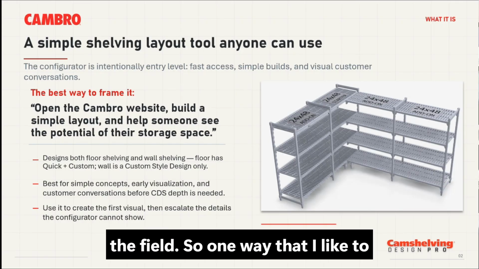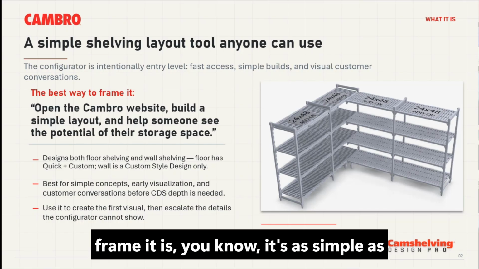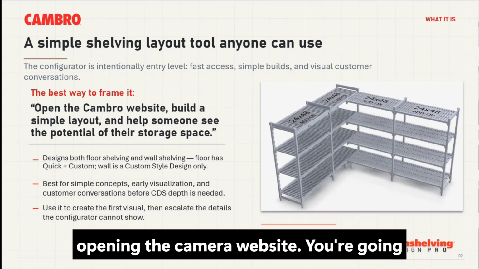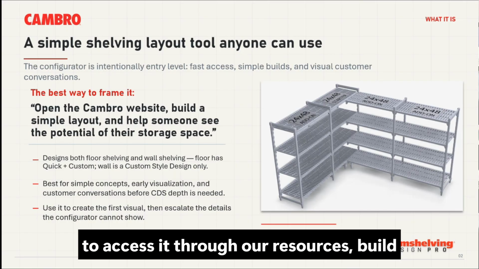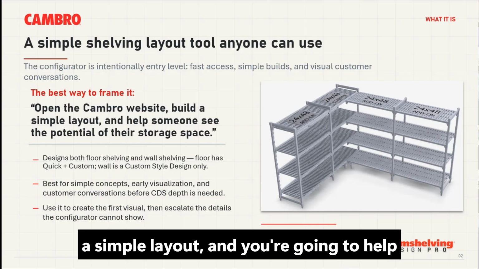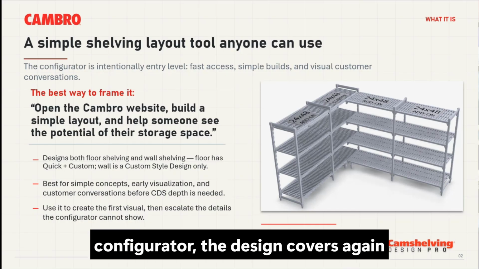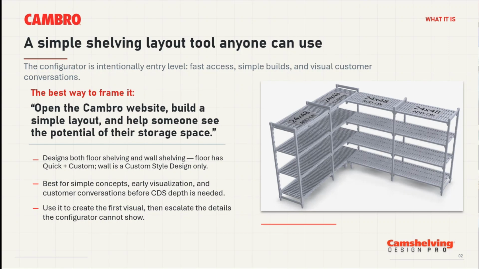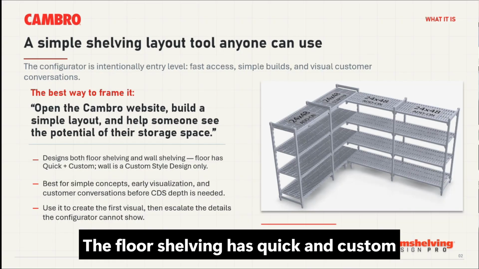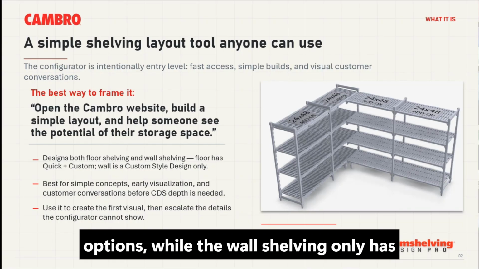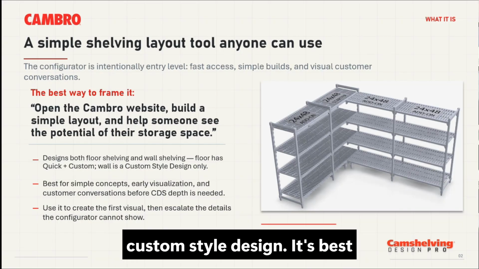One way that I like to frame it is, it's as simple as opening the Cambro website. You're going to access it through our resources, build a simple layout, and help someone see the potential of their storage space. For the configurator, the design covers, again, both floor shelving and wall shelving. The floor shelving has quick and custom options, while the wall shelving only has custom design.